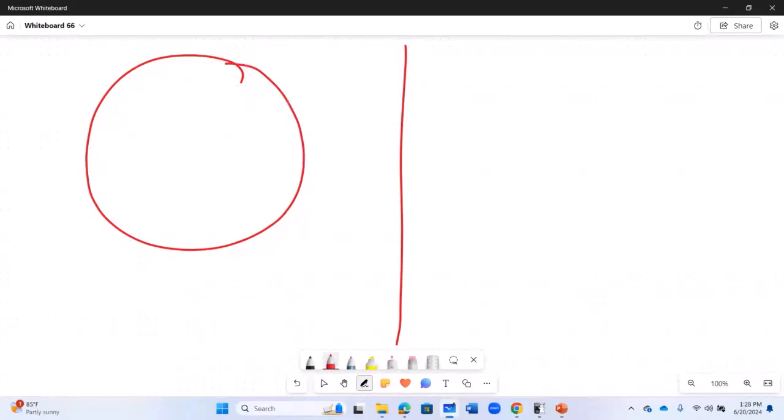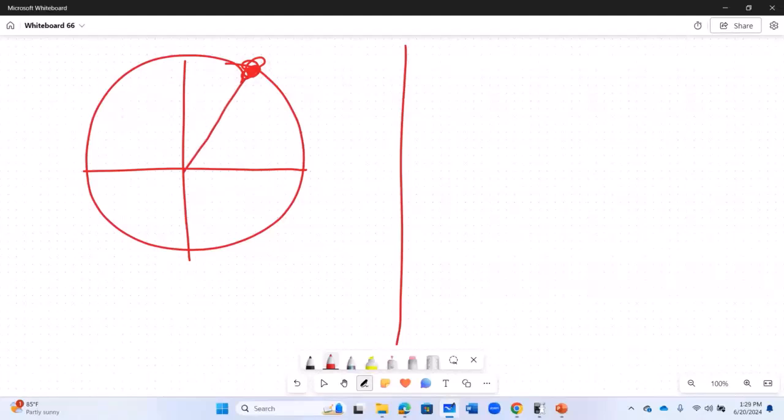Okay, suppose I have a circle. All circles are not unit circles. Let's start from a point here. Suppose I have a circle and the terminal side stops here, and the angle I'm talking about is theta. If I make a right triangle right there, let me give this point 3, 4.